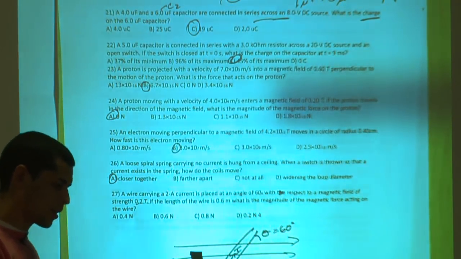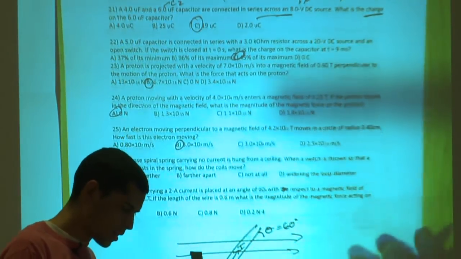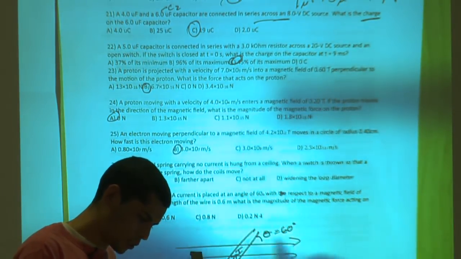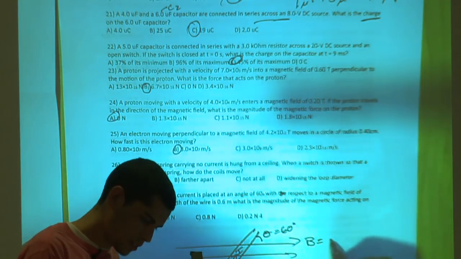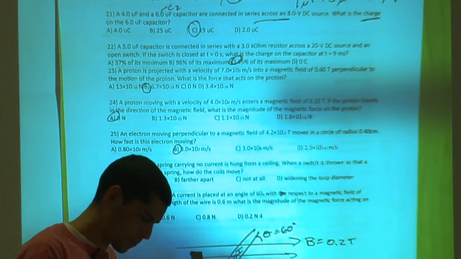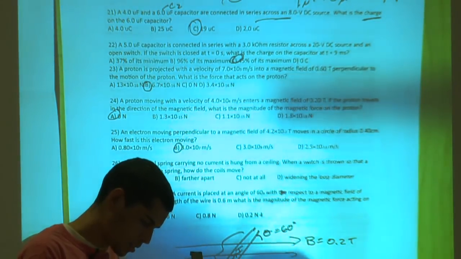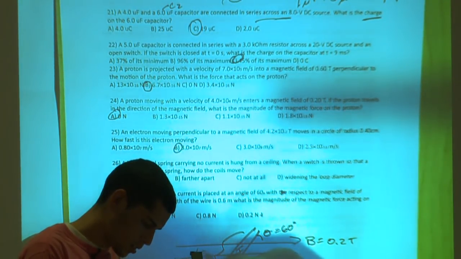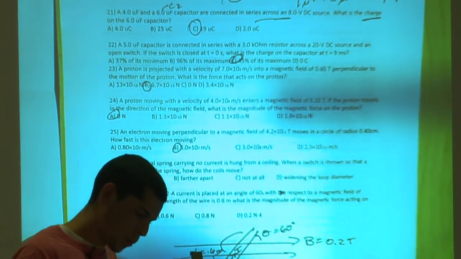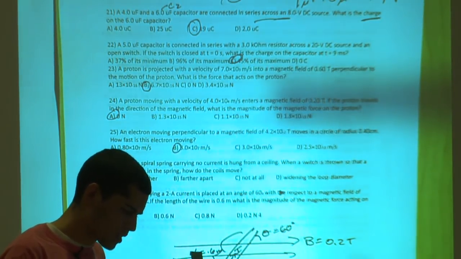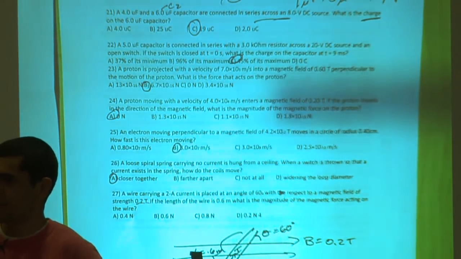If the strength is 0.2 Tesla, and the length of the wire is 0.6 meters, what is the magnitude of the magnetic force acting on the wire? How are we going to do this one?